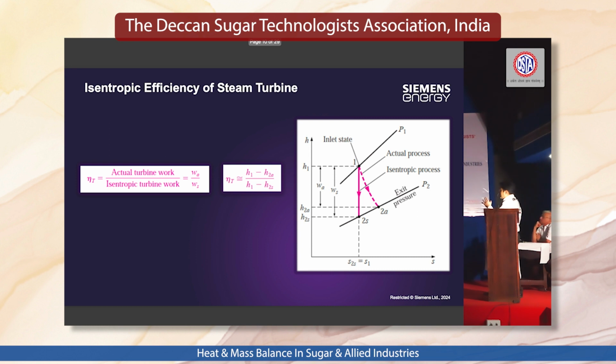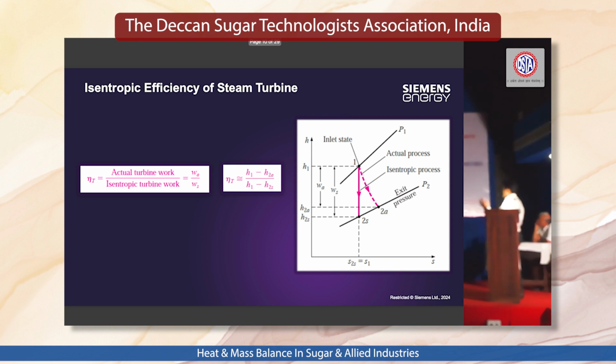The isentropic efficiency is the ratio of the actual turbine work, meaning the heat energy converted to work, divided by the maximum heat energy that can be converted to work keeping the entropy constant. That is the ideal, isentropic process, which cannot occur. There will be some irreversibility, and because of that the entropy is going to increase and the actual turbine work is going to be less than the isentropic turbine work.